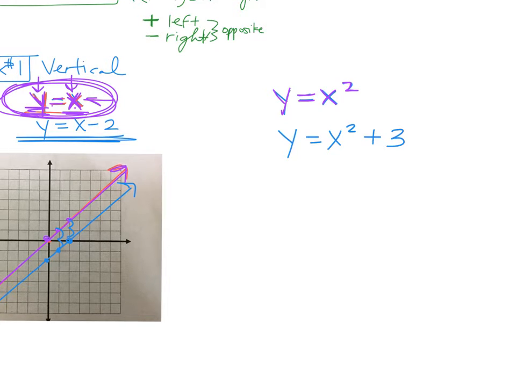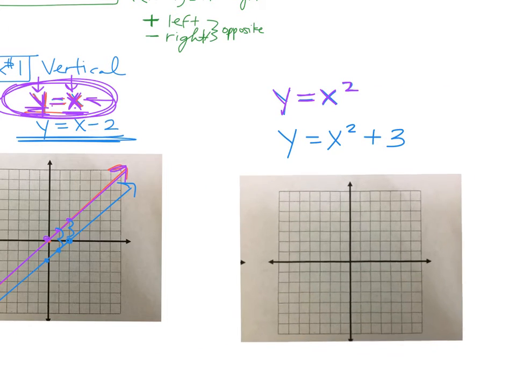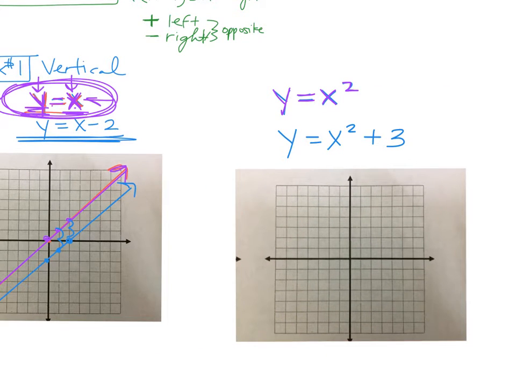So if we take our graph, y equals x squared, if you plot y equals x squared, you can do the same thing. If I plug in 0 right here, 0 squared is 0. If I plug in 1, 1 squared is 1. What if I plug in negative 1?